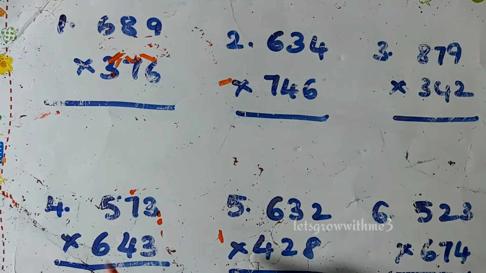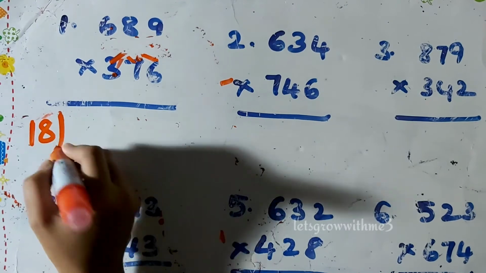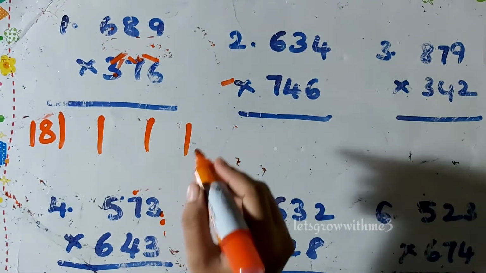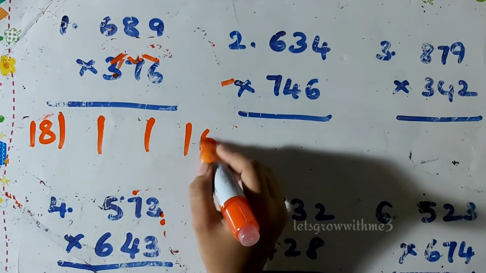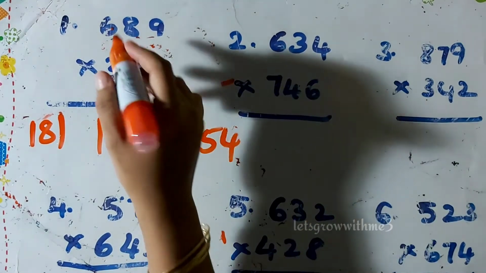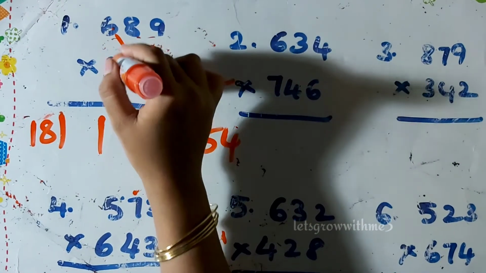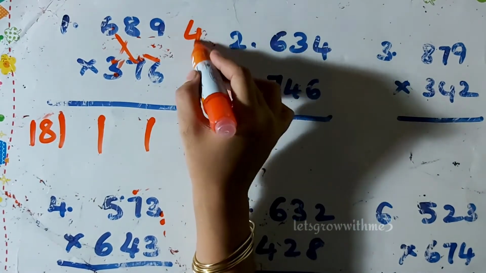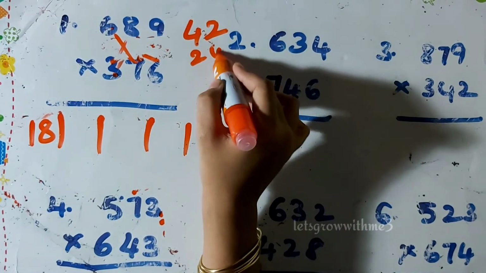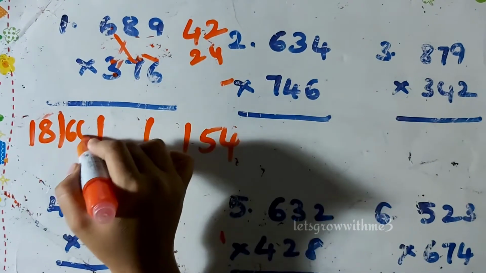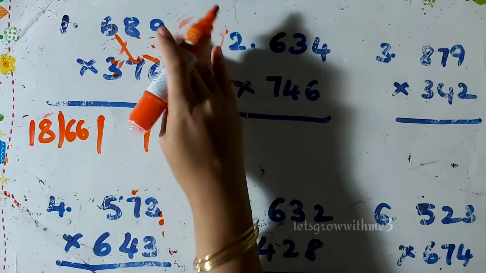Then 9 6s are 54. Then we need to do the crisscross, which is the same step as in our earlier video. 6 7s are 42, 8 3s are 24, so when you add it you get 66.